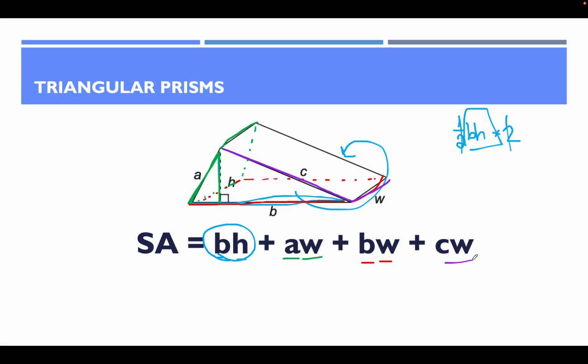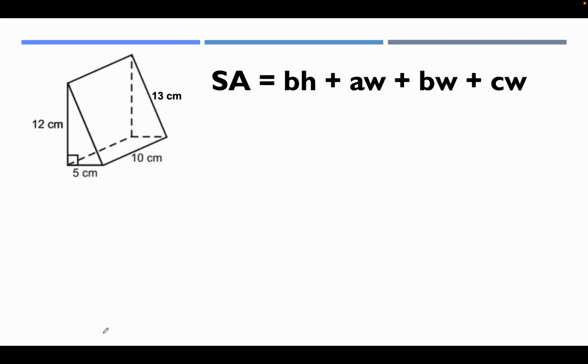So let's see if we can apply that formula. Based on the formula, this is going to be B. This measurement here is going to be W. This measurement here is going to be C. And then we have an A and an H. These are both the same. 12 is both A and H, because in this case we have a right triangle, so the height is the third side of the triangle.